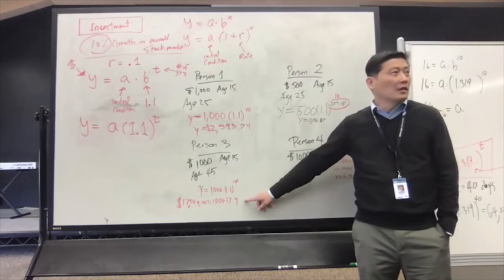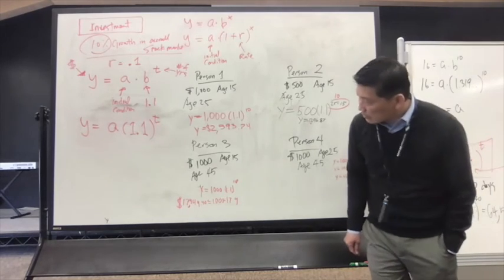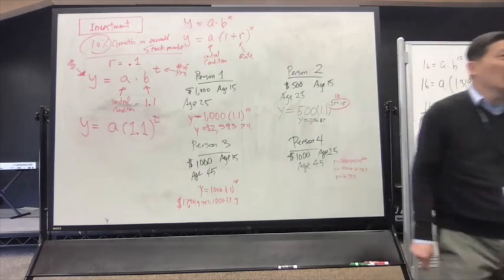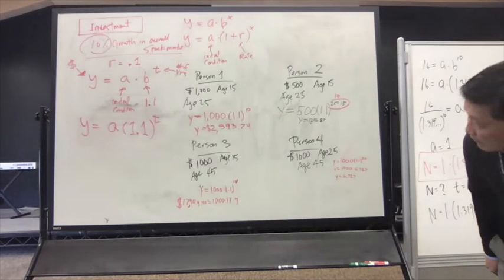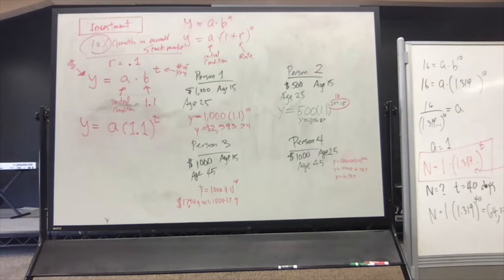This person ended up with $17,449, all just sitting there. You're not adding more money to it. You just put $1,000 at age 15, it sits there, and you cash in at age 45. You end up with 14,000 more.